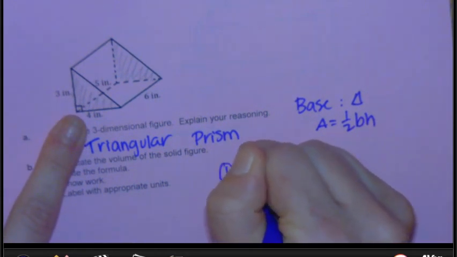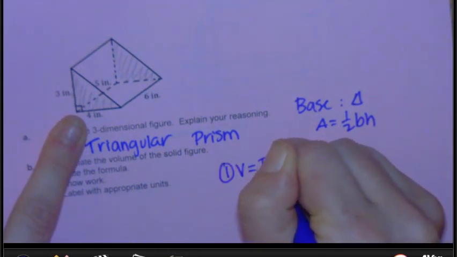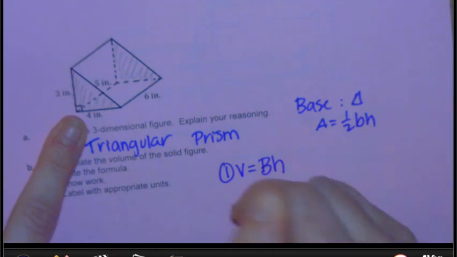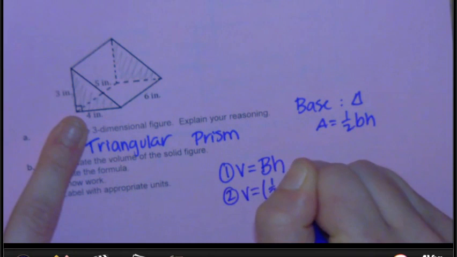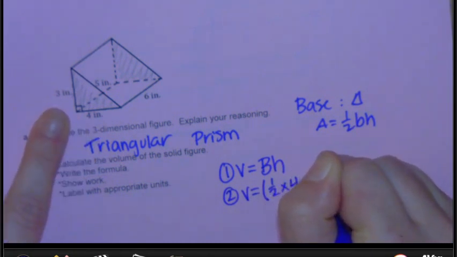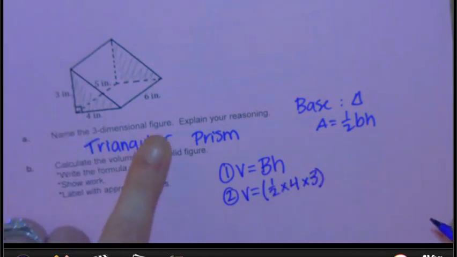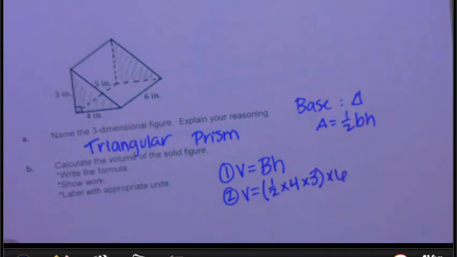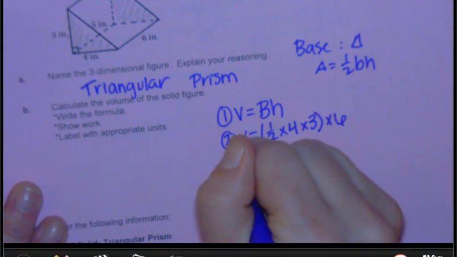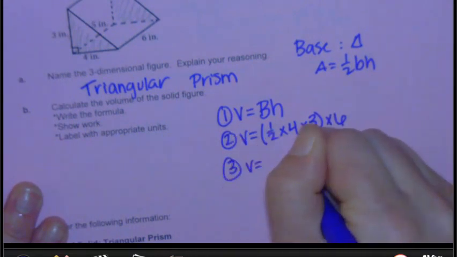So now I'm going to solve for the volume. So volume is equal to capital B times H. Volume is equal to 1/2 times the base of 4 times the height of 3. And the height of my prism, so the distance between my 2 bases, is 6. Step 3, we're going to solve.